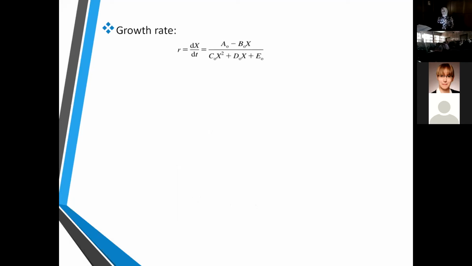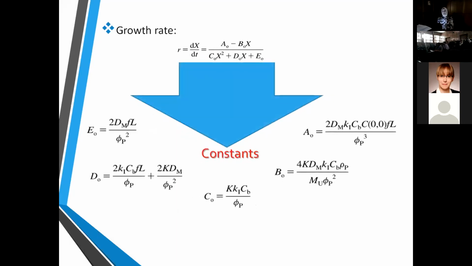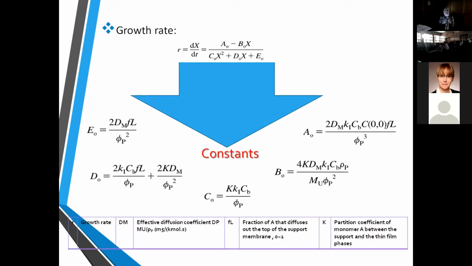A node, B node, C node, D node, and E node are constants and can be calculated by this equation, in which Dm is the effective diffusion coefficient, Ki is the constant, Cp is the concentration of monomer B, C node is the initial concentration of monomer A, Fl is the fraction of A that diffuses out the top of the support membrane and takes a range from 0 to 1.